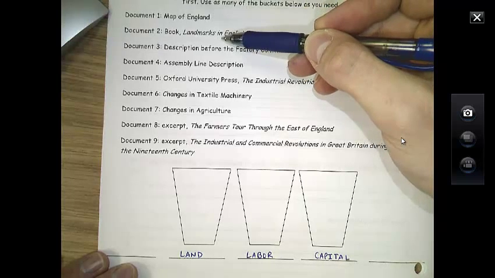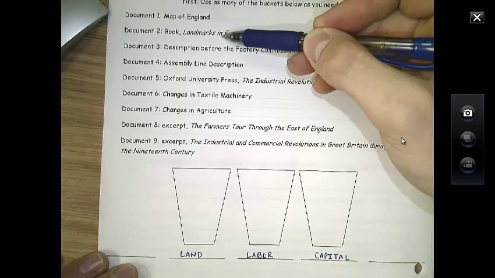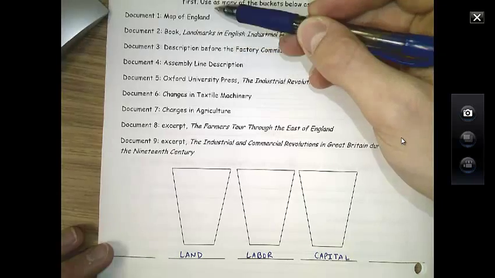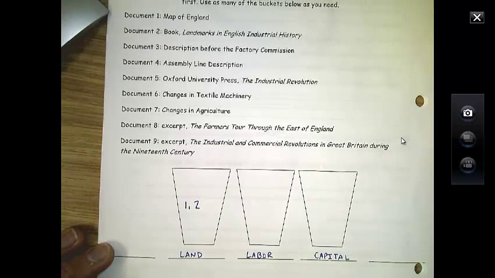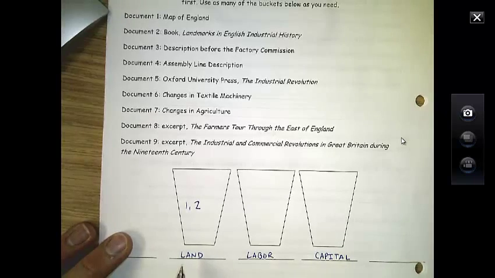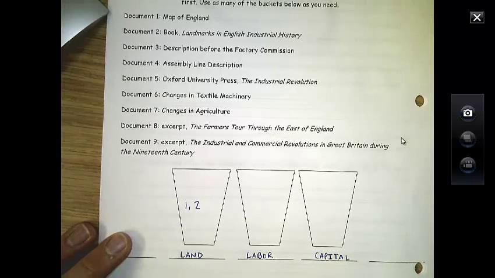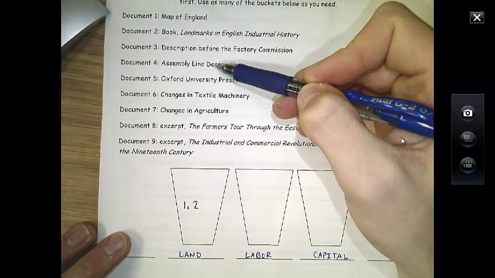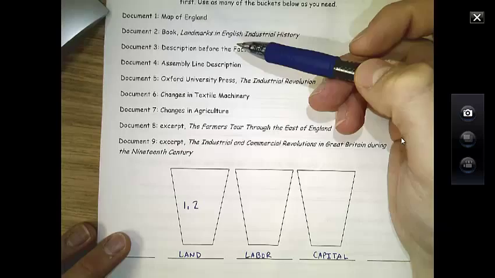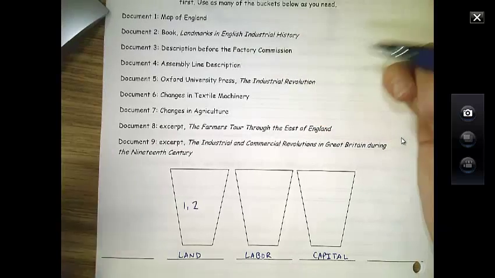Document 2 was an excerpt that talked about how England was fortunate having these things. So documents 1 and 2 are going to go in our land category because they both discuss this idea of having natural resources.